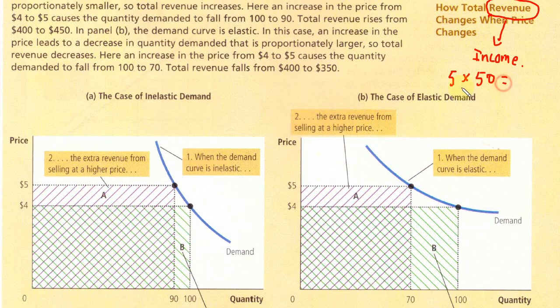For example, this is the revenue. Price and quantity multiplied is revenue. Let's see this one: once your price is $4, this is your demand, 100. So $4 multiplied by 100 is 400. This is the revenue.